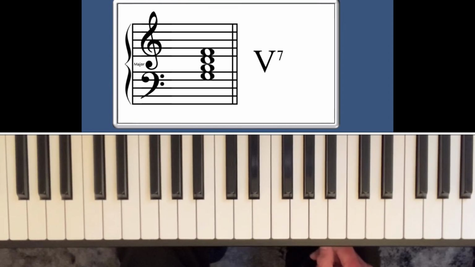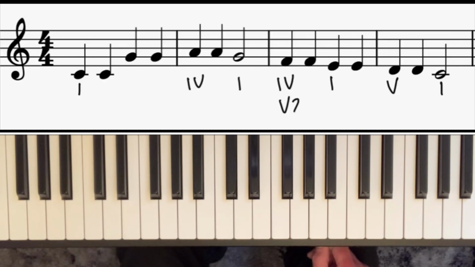Now, I mentioned at the end of the first video that we could actually use the dominant seventh chord to harmonise the note F in the tune Twinkle Twinkle Little Star when we're playing it in the key of C major. Now, there's just one little caveat with that, and that is that as long as the next chord is going to be chord 1.